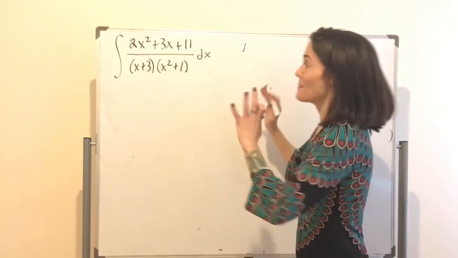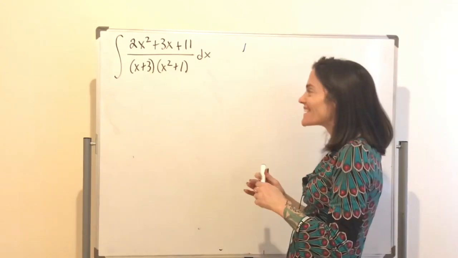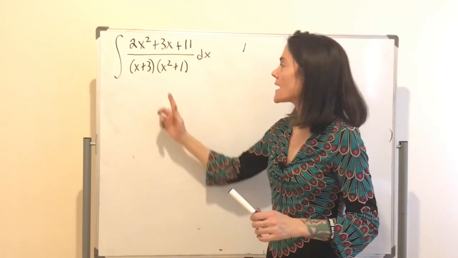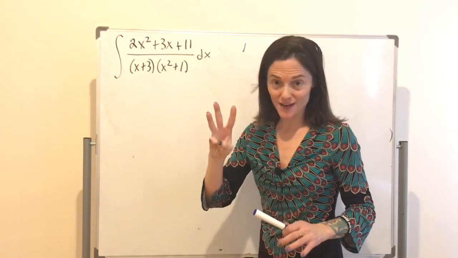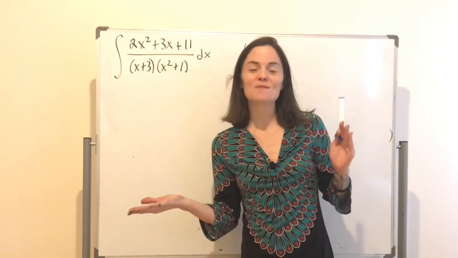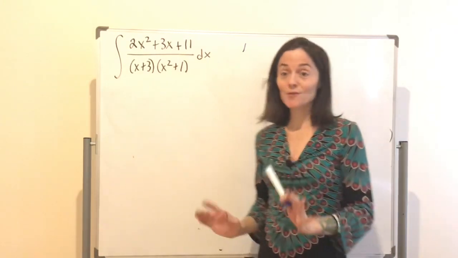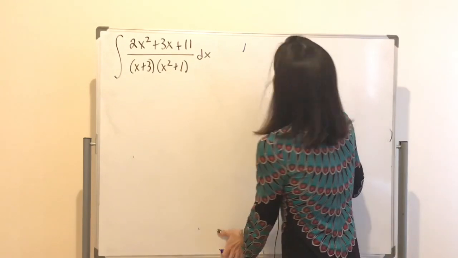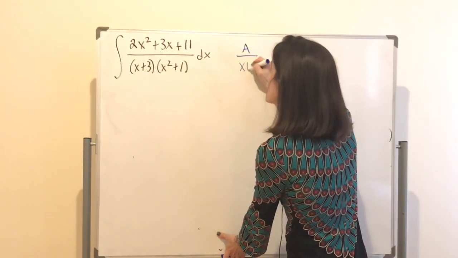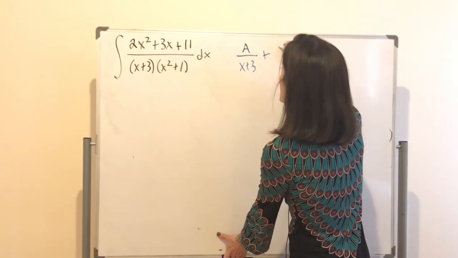Okay, but maybe before I start that, we see here, for instance, unlike the last problem where we had to long divide, my denominator has degree 3 and my numerator has degree 2. So we are in good shape. The degree of the numerator is strictly less than the degree of the denominator. Okay, now we will get back to what I was saying. The partial fractions form will be like this.